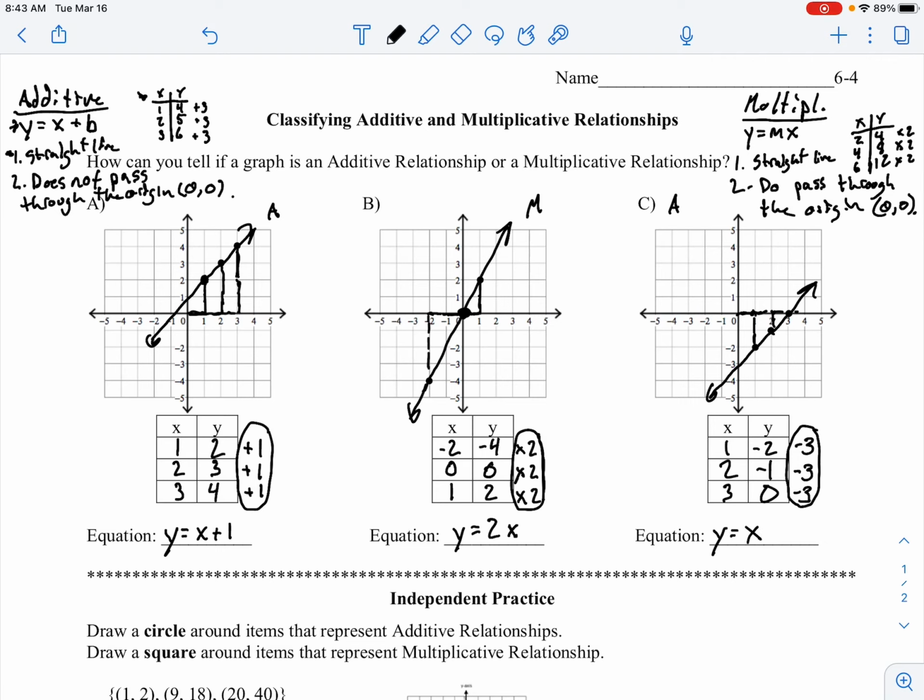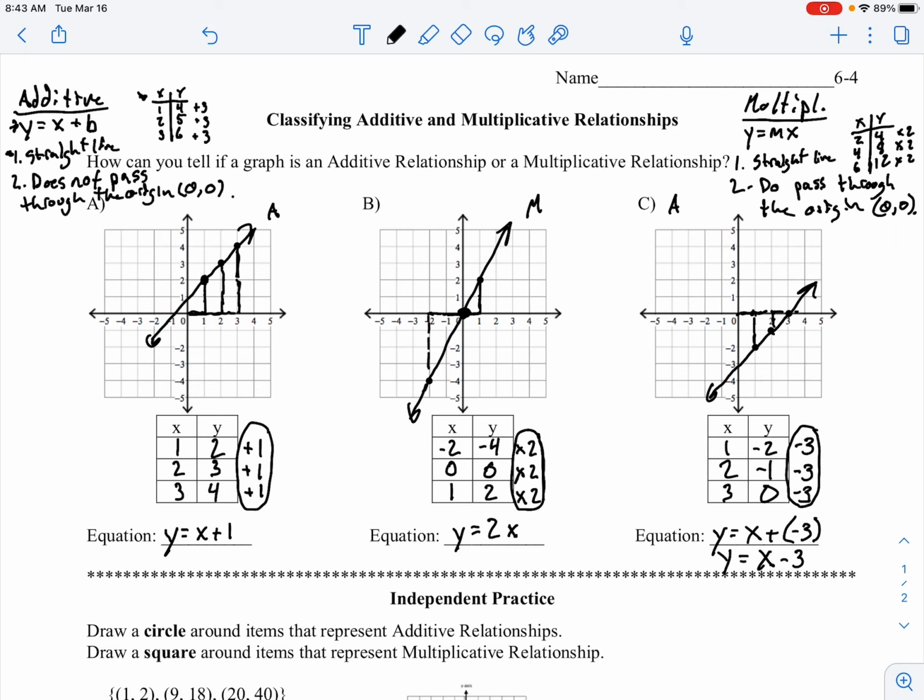So we are following y equals x plus b, and we said our b is -3. So there we have it. It is an additive relationship. We were right in guessing that. Another way we could write this, remember that adding negatives is really subtracting. So another way we could write this is y equals x minus 3.